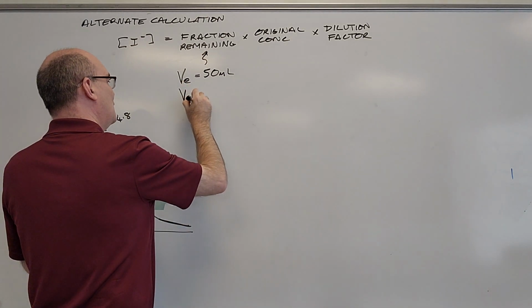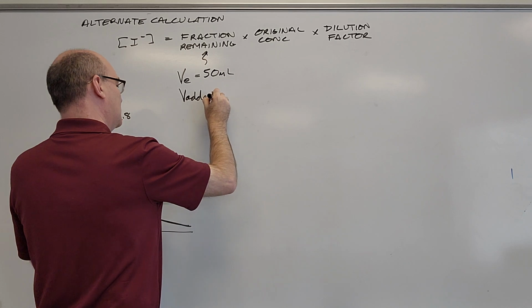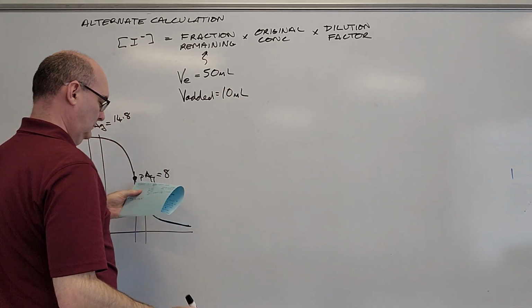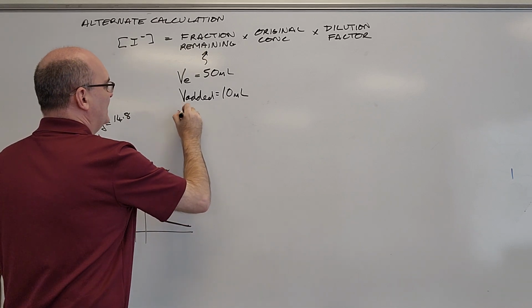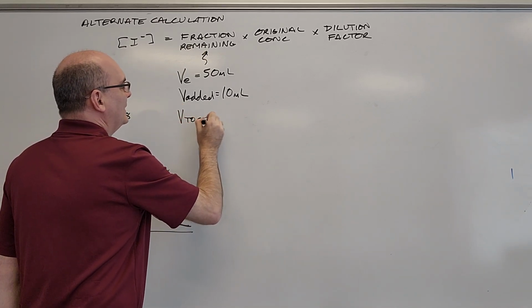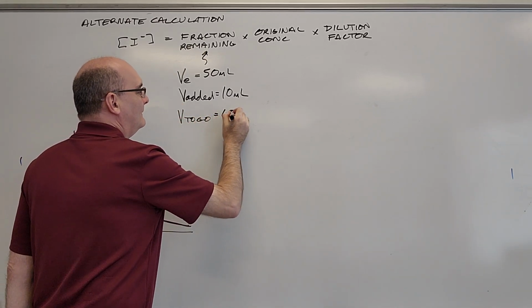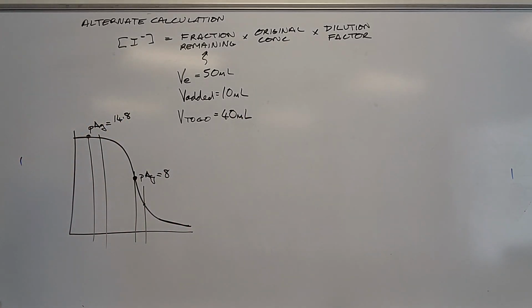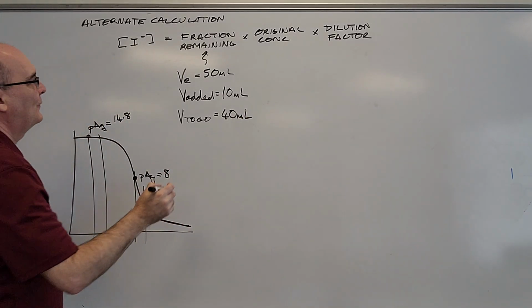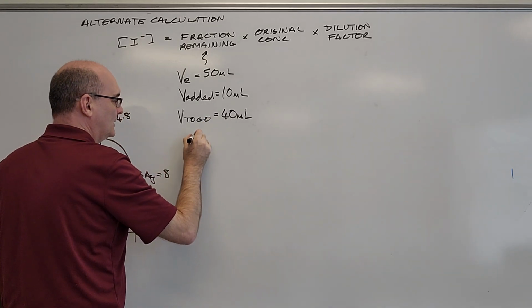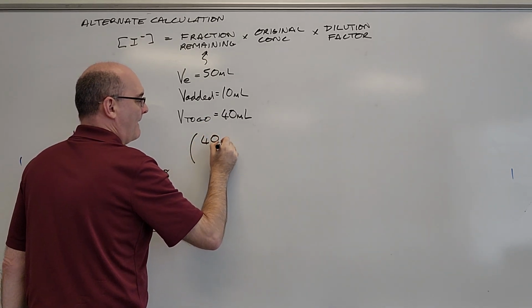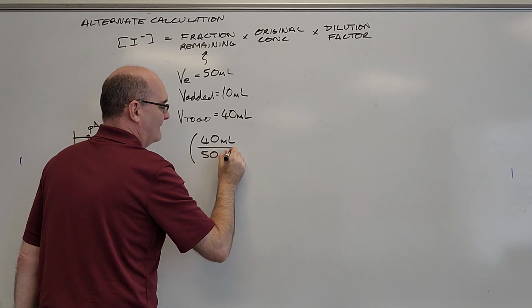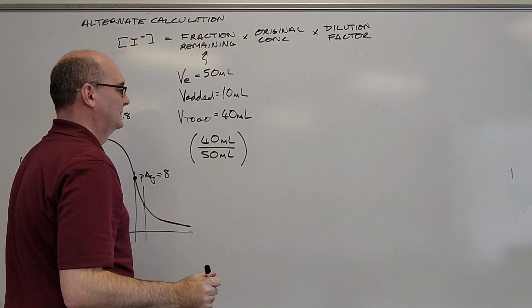The volume added is 10 milliliters, which means the volume still to go is 40 milliliters. So the fraction remaining is 40 milliliters over 50 milliliters.